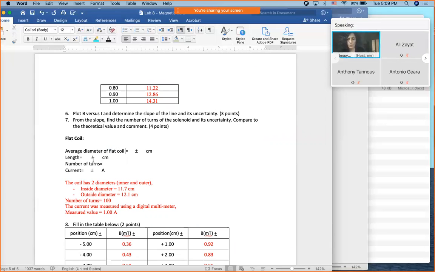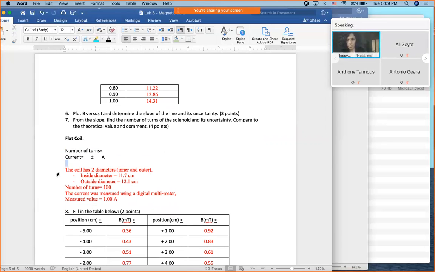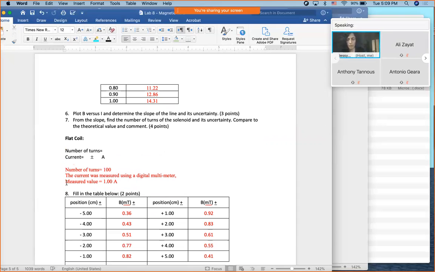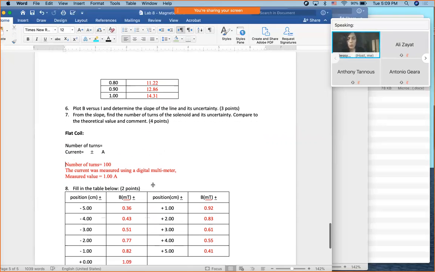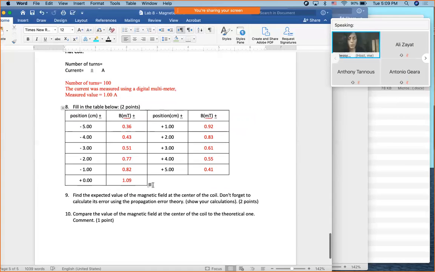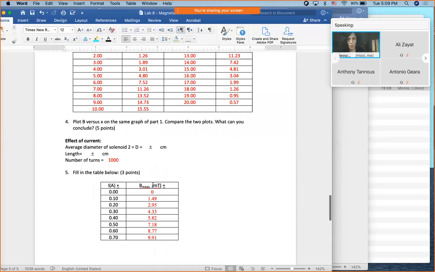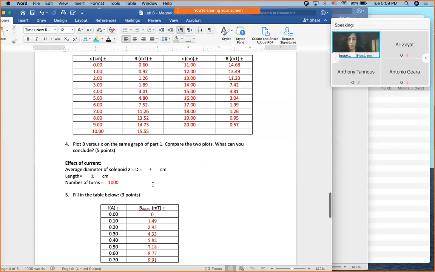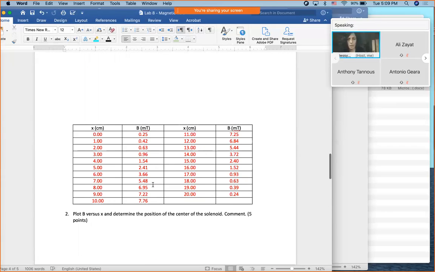All right, this is myself trying to make it nice. This is so awful. You don't need the average diameter, neither the length. For you not to be confused, I'm gonna upload a new file again. By the end of this session, while you're signing out, I'm gonna upload this file again.